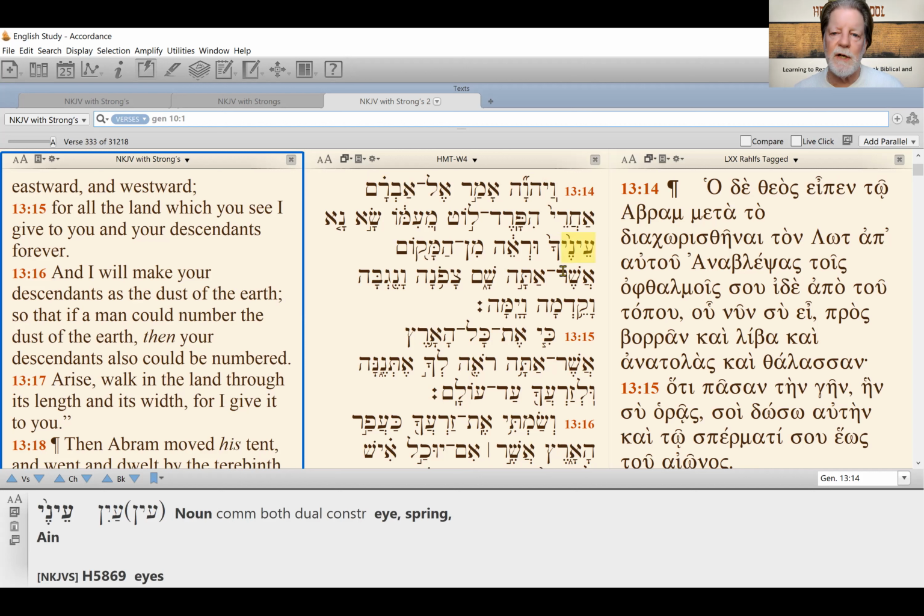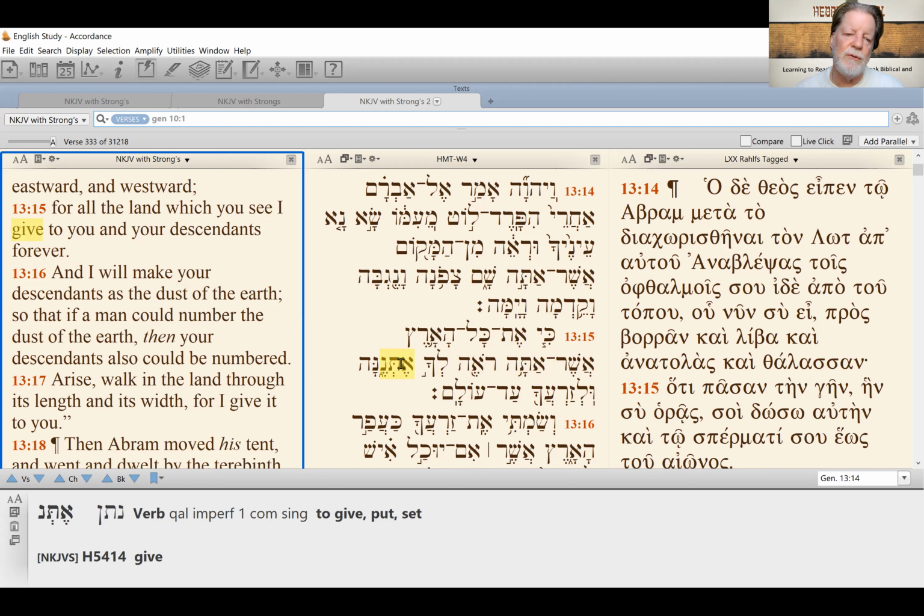So here's verse 15. Ki et kol haaretz asher ata roe lecha et nena u lazaracha ad olam. Because all the land which you see, to you, lecha, et nena. If you look down in the information window, it's the verb natan, nun, tav, and the final form of nun.